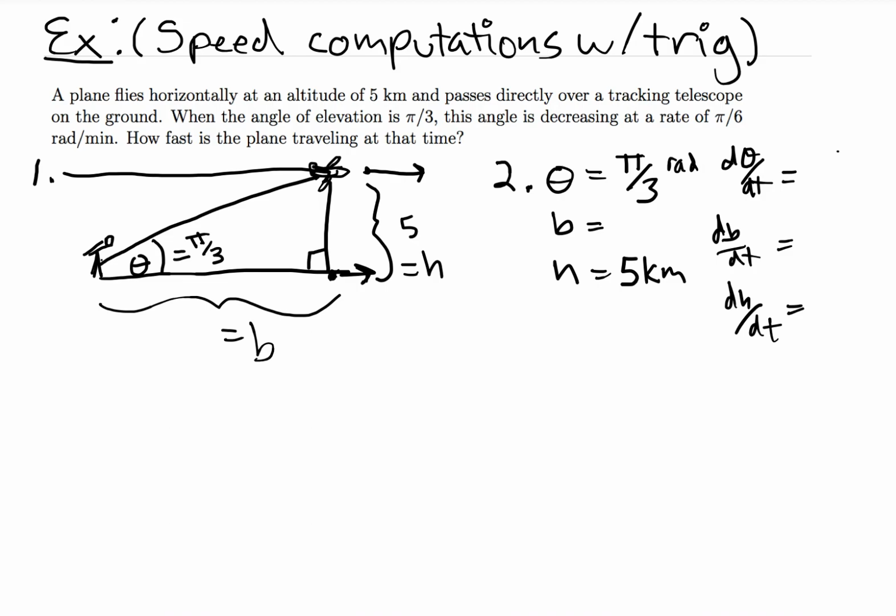One, I'll make sure to attach my units here, pi over 6 radians a minute. This rate, though, is decreasing. And what does decreasing mean? Shrinking side lengths mean negative rates. So be careful to make sure that that negative sign is there, and I will try to highlight this: decreasing values.